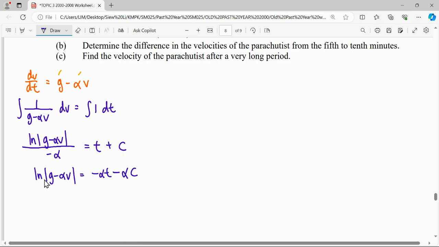Then unlock your logarithm. E will be to the power of negative alpha t, so negative alpha c.